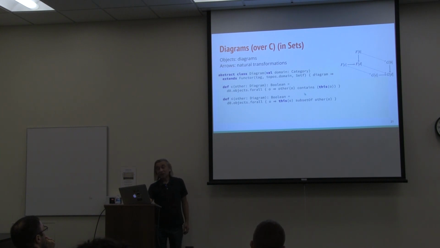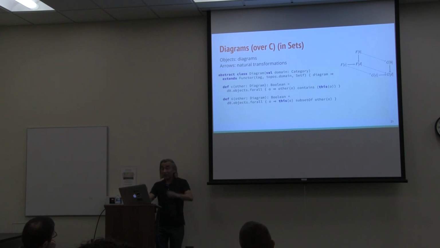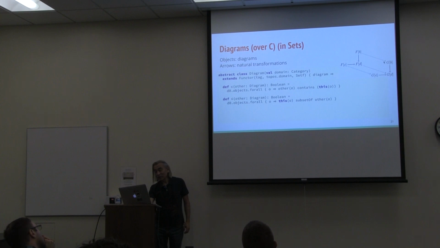Okay, so we can define that one diagram is a subdiagram of another when for every object, for every position, for every moment, the value on the left is a subset of the value on the right.